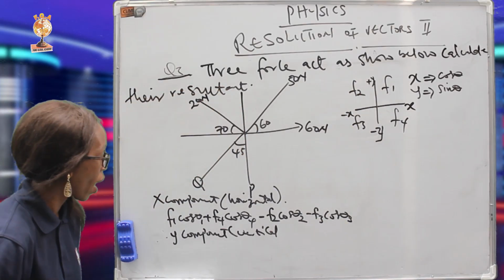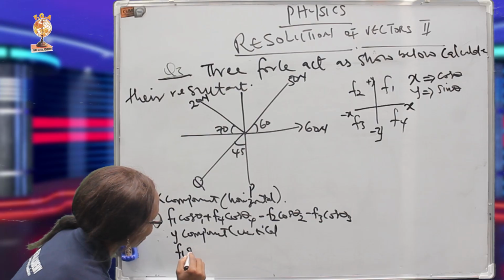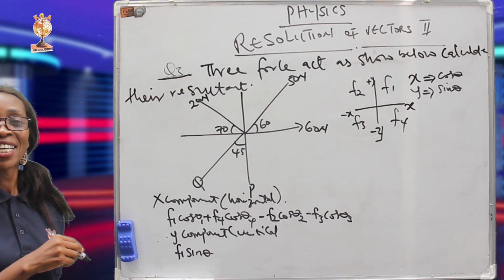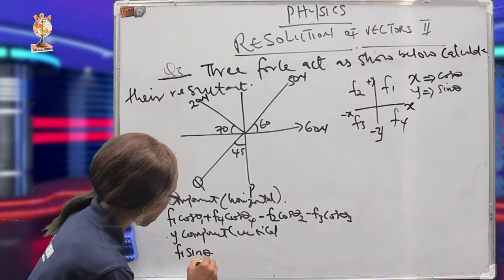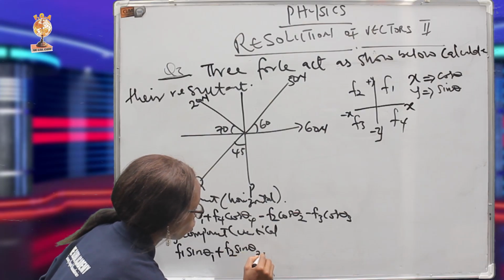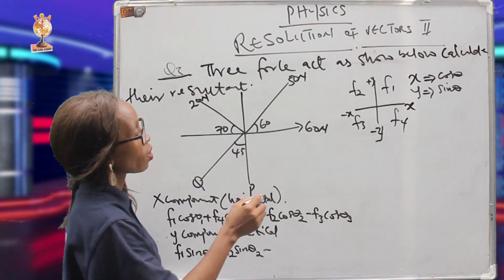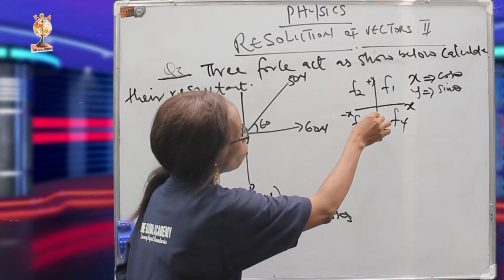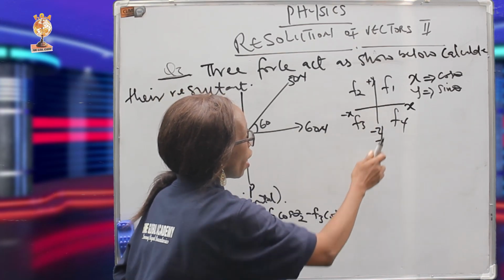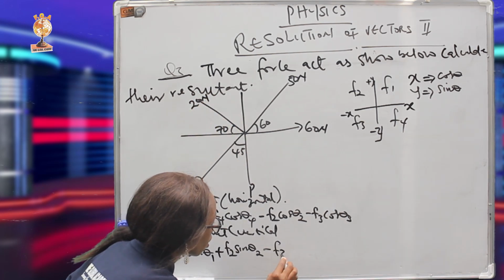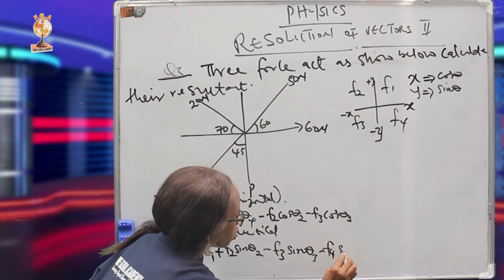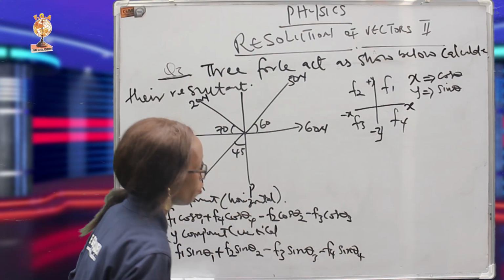I have F1 sin theta. Remember, I said all the Y components are sin theta. F1 sin theta 1 plus F2 sin theta 2 minus. Now, negative Y is 3 and 4. 3 and 4 are sharing this negative Y. So I have minus F3 sin theta 3 minus F4 sin theta 4.